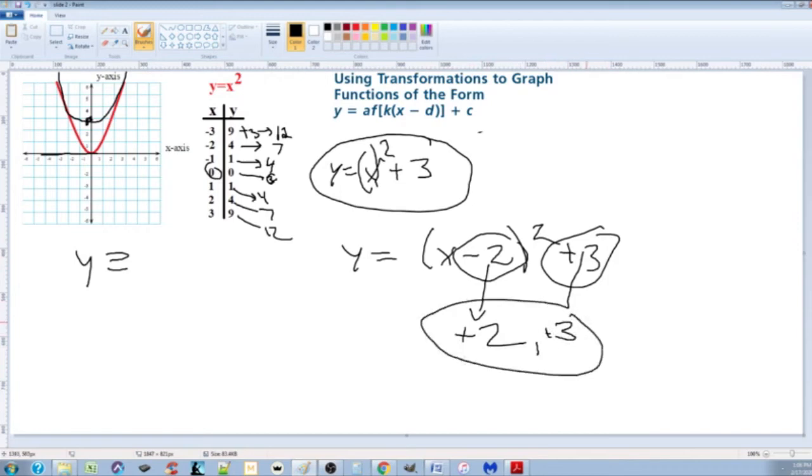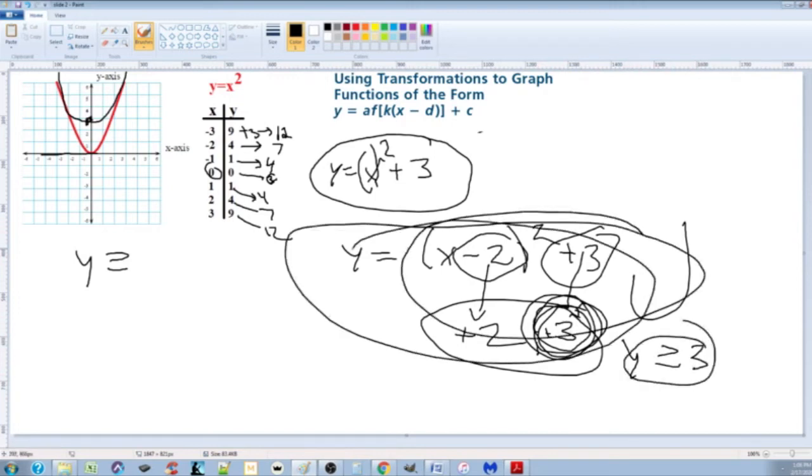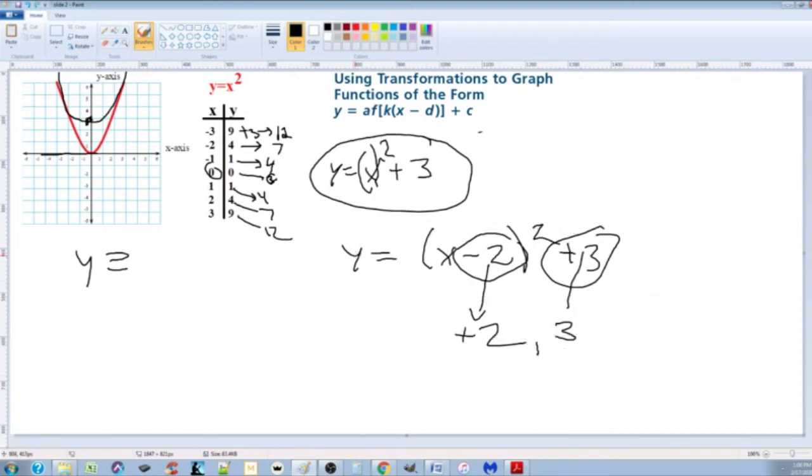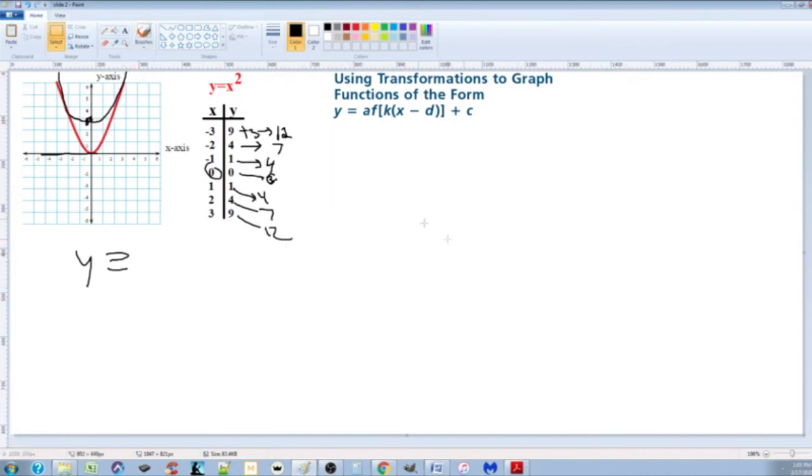So that's my vertex, which means if it's an upward facing parabola, my range is dictated by that number, and y must be bigger or equal to 3. It's important that you understand vertex notation. If you don't, we have to talk. Okay, so that was easy to figure out. All my y values got altered by 3. That's simple.